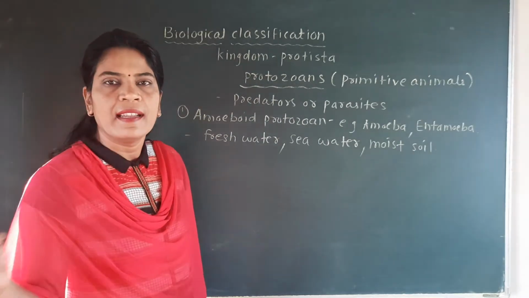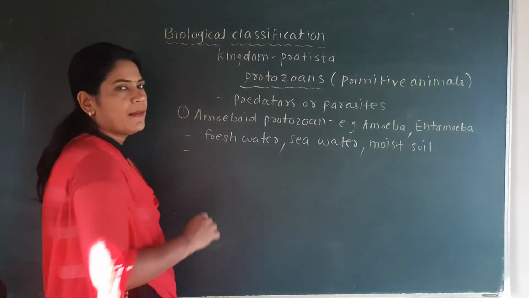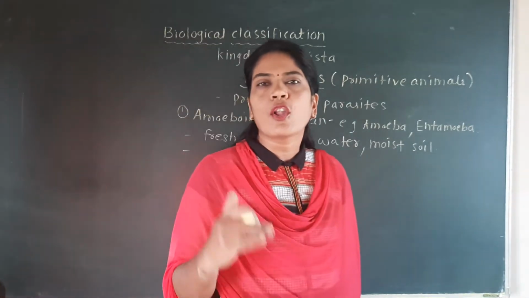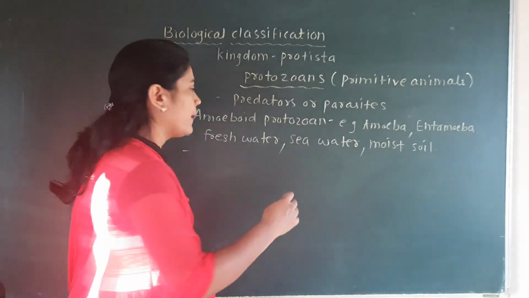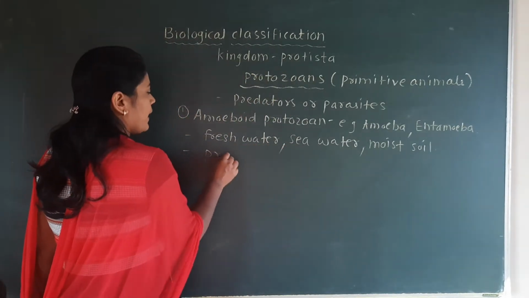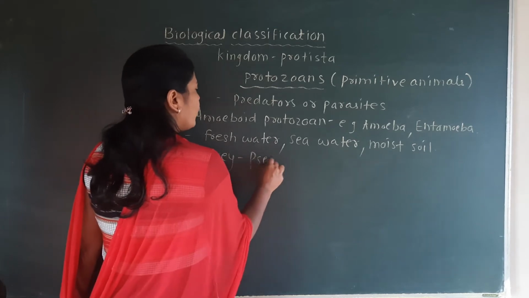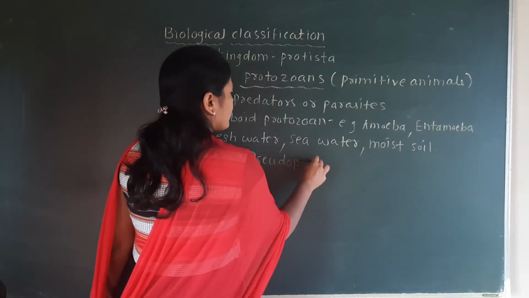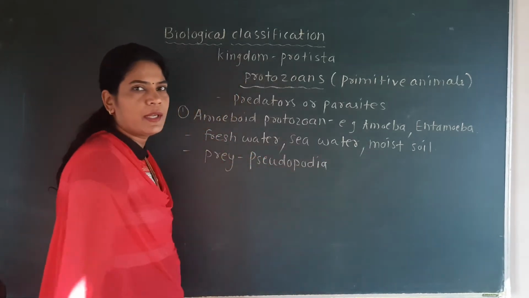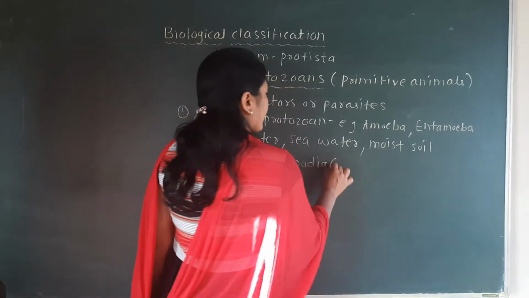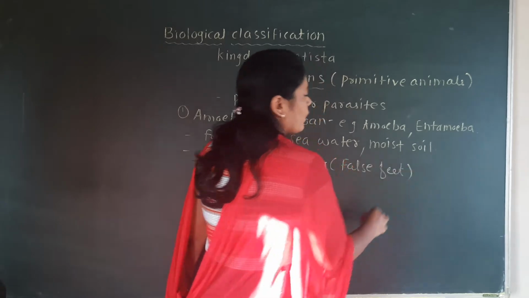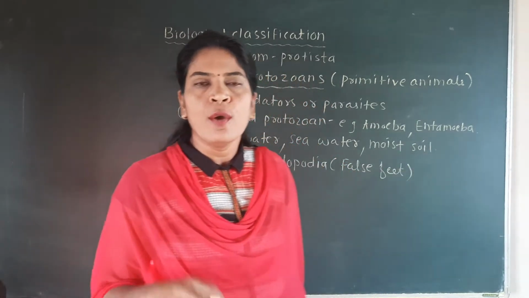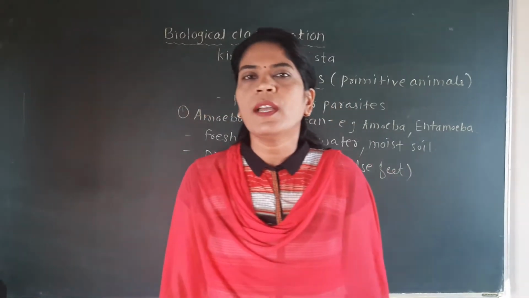Second one is that if they are free living, not present inside the body of another organism, then they capture their prey with the help of pseudopodia. I have told you that pseudopodia are the organelle also called false feet, because it is a temporary projection from the body of the amoeba.